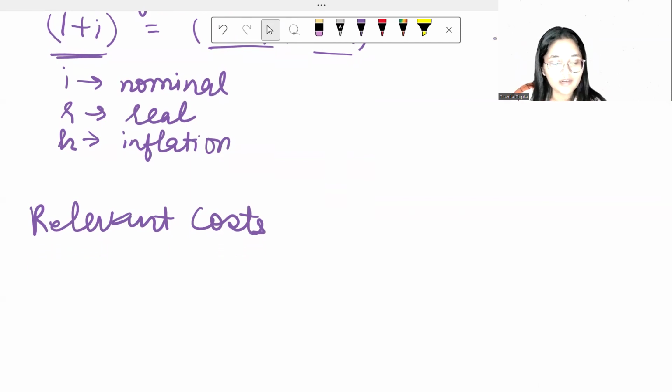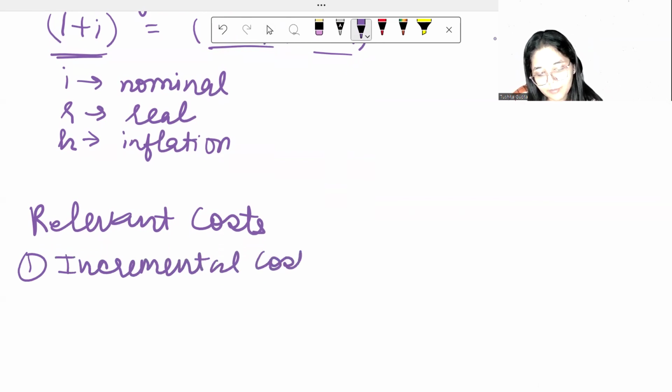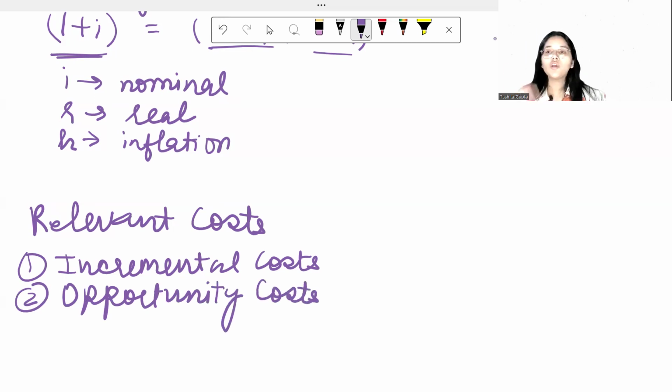Now, when it comes to relevant costs, there are two types of costs which are always considered to be relevant. Number one being your incremental costs, and number two being your opportunity costs. Let us understand one by one what these two terminologies mean. Your incremental cost basically means additional, extra, anything which you're spending over and above what you're doing presently.